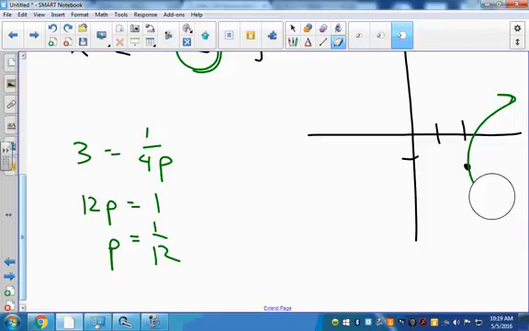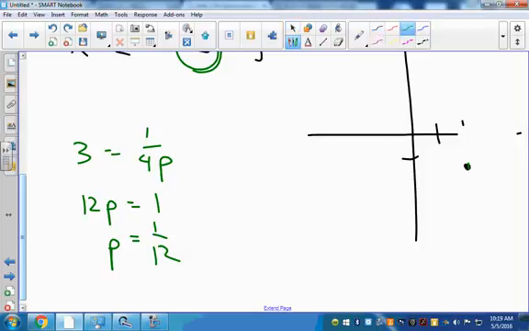Let's see how that plays out. We have our vertex. This is at the ordered pair 2, negative 1. And the focal distance is a tiny bit, right? It's only 1/12 of a unit away, so it's almost right on top of the vertex.